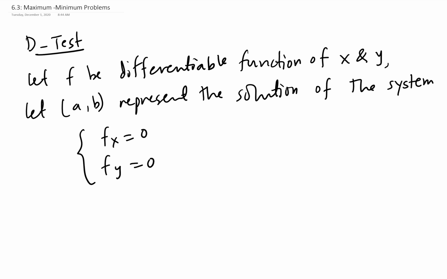So for the given function, you're going to be finding f sub x and f sub y and set them equal to 0, and then solve. When you solve, you get x and y. You get 1 or 2 points, who knows, depends.